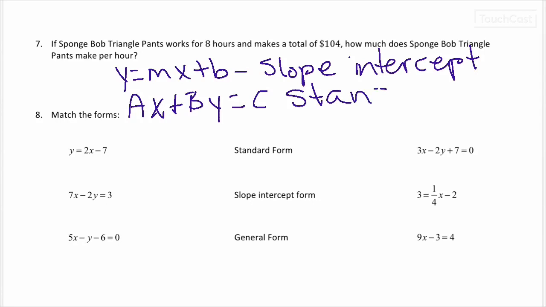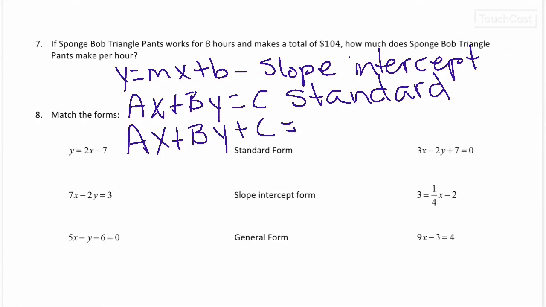I like standard and general form because they're the same thing except for the c on the other side. And it equals 0 instead. And they always make their coefficients positive just because, I don't know why, but c could be positive or negative. Okay, and then this is general form.